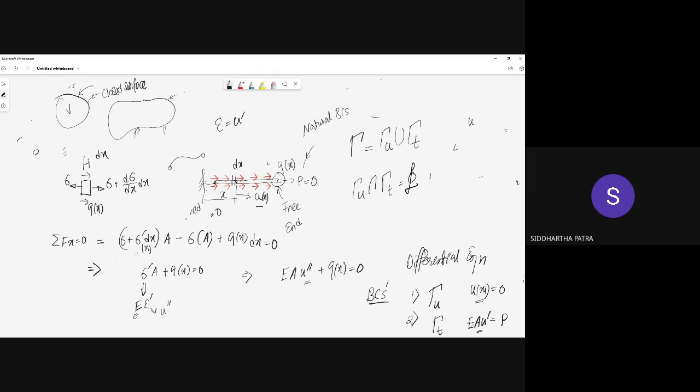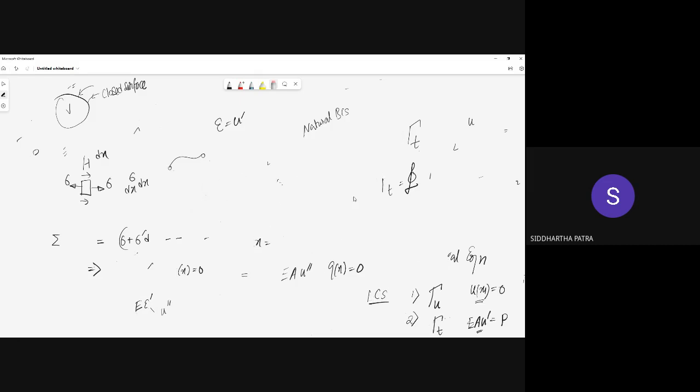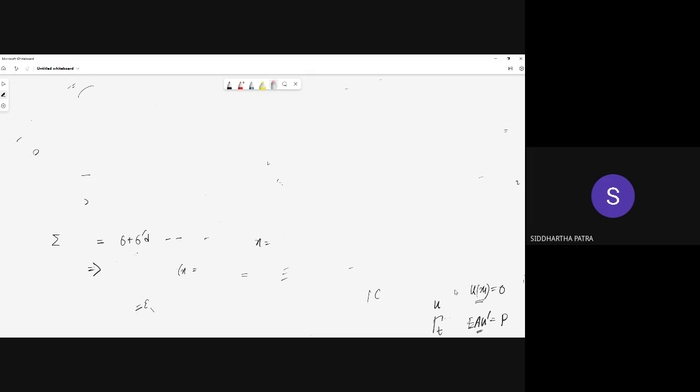So we saw the problem statement given in three different forms. One is the minimization statement, or aim statement.